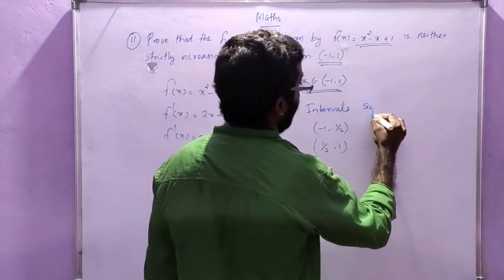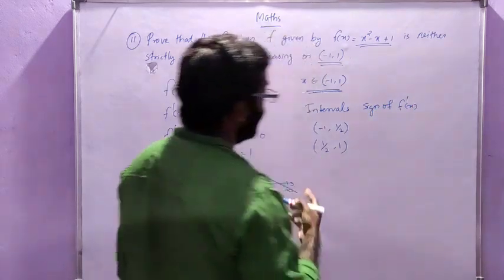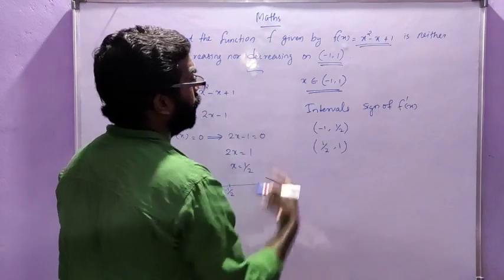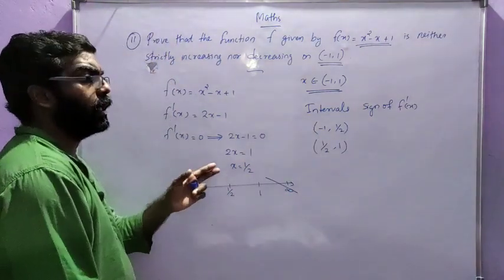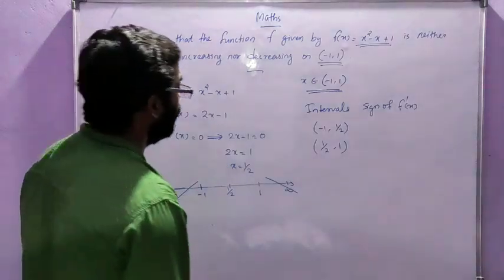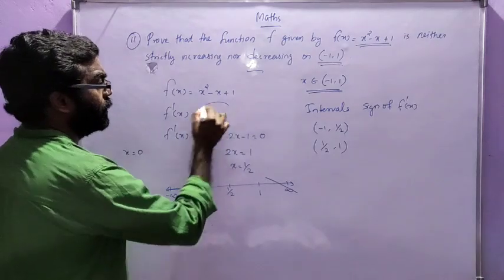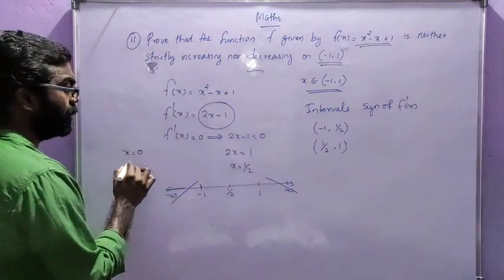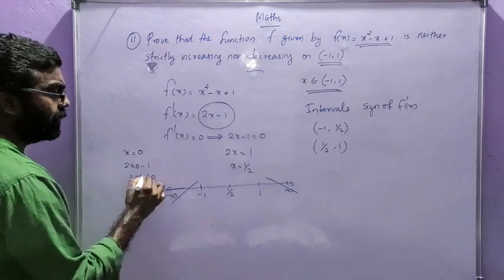Then the sign of f dash of x in minus 1 comma 1 by 2. So in between these two numbers we can choose one number, between minus 1 and 1 by 2, we can select 0. So when x equal to 0, here f dash of x is 2x minus 1, we can replace x by 0, 2 into 0 minus 1, which gives minus 1, less than 0.